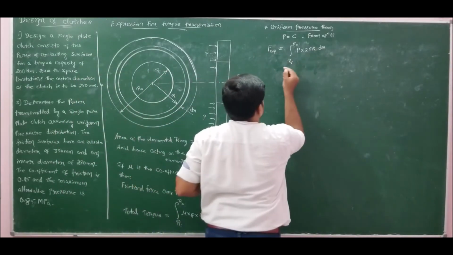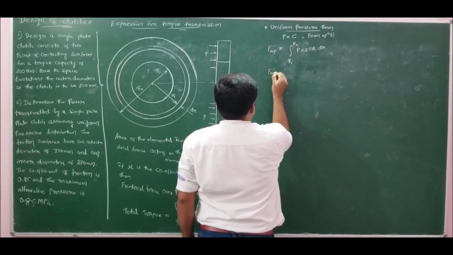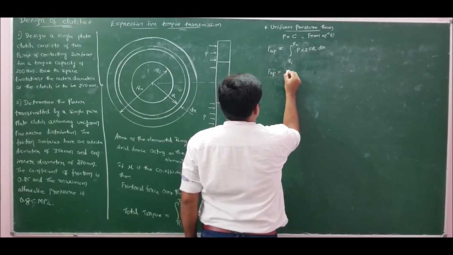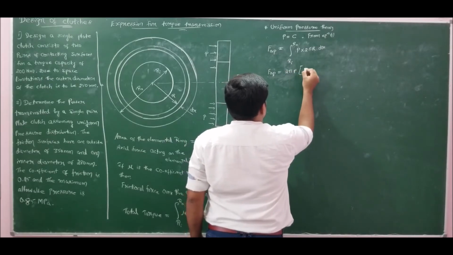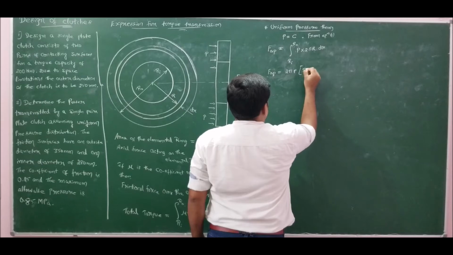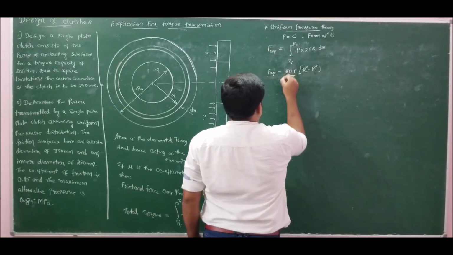Now if I integrate this, I will get F axial force based on uniform pressure theory is equal to 2 pi p, integral is r square by 2, hence I will get r naught square minus ri square divided by 2. I cancel off 2 and 2.